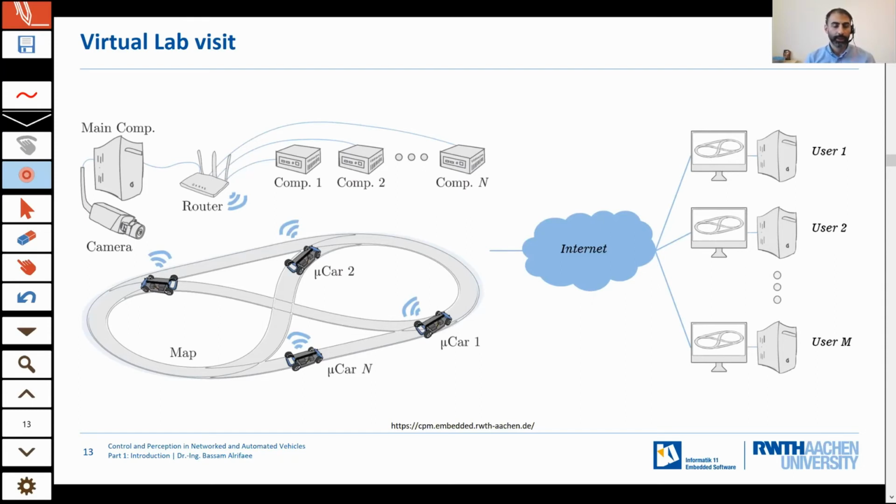We also have to localize these new cars on the plane, and for this we use a camera. The camera detects LEDs mounted on the cars, and we have 4 LEDs per car: 3 LEDs to detect the position and orientation, and 1 LED to detect the ID of the vehicle.